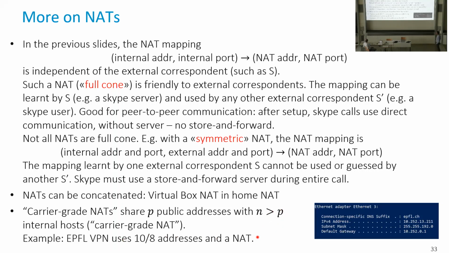EPFL has a number of public IPv4 addresses that are mapped to the 10/8 subnets of EPFL, which are the addresses that are given when you're on the VPN here. So when I'm on the VPN of EPFL, for example, I see a 10.something address, but the outside world will not see it. You can go to some sites that tell you what your IP address is. You can do this test. You will see that this is mapped here.